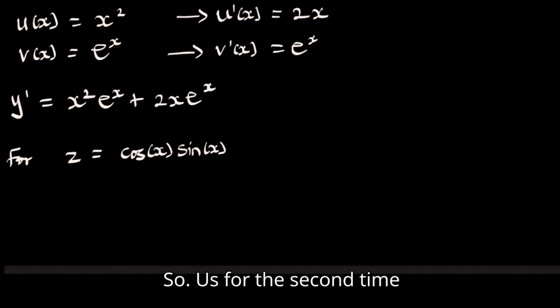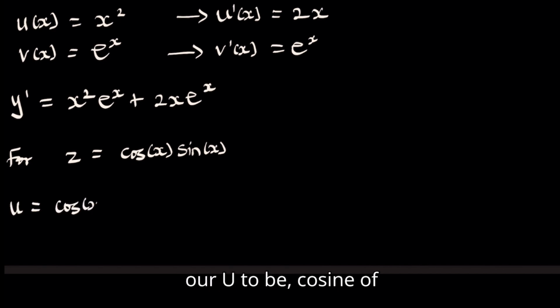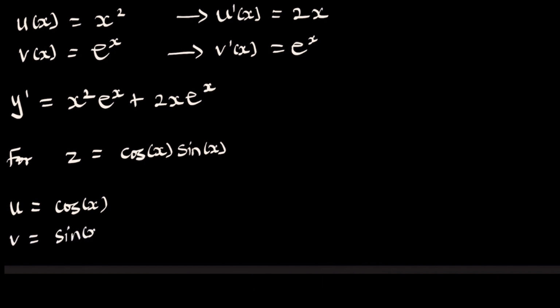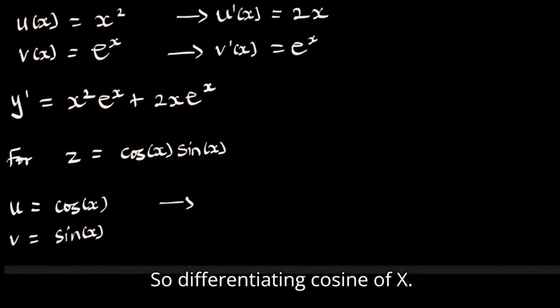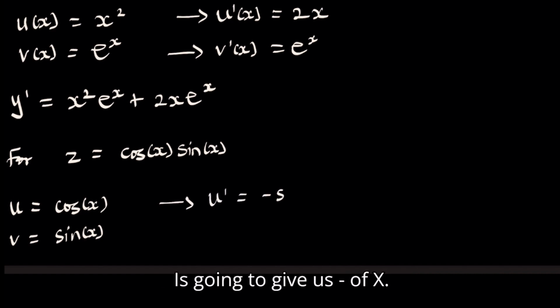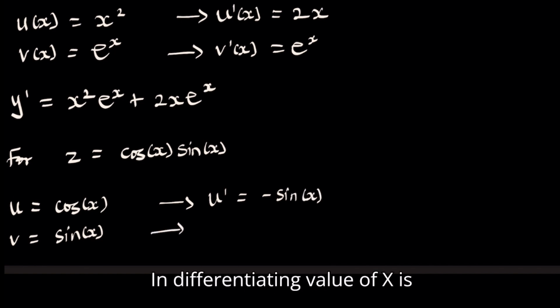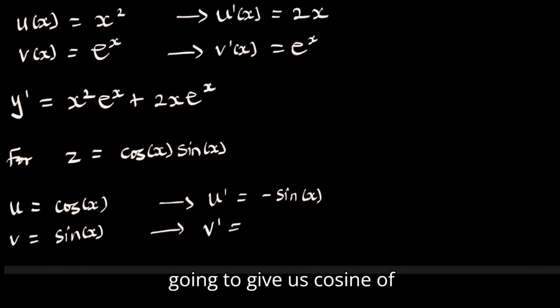I apply the same idea on the z term. So that's for the second term, z is equal to cosine of x sine of x. We choose our u to be cosine of x and v to be sine of x. So differentiating cosine of x is going to give us minus sine of x, and differentiating v of x is going to give us cosine of x.